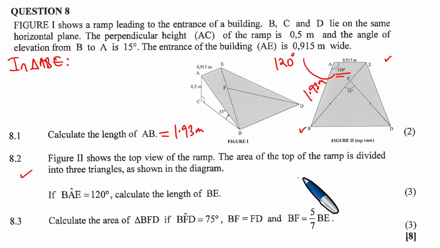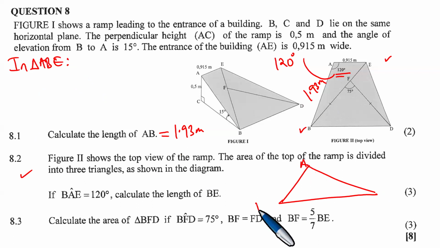Now, if you have a triangle like this where this is A, this is B, and that is E, with sides 0.915 meters and 1.93 meters and angle 120 degrees, like so. Here we know two sides and the included angle, so we can use the cosine rule to find BE.